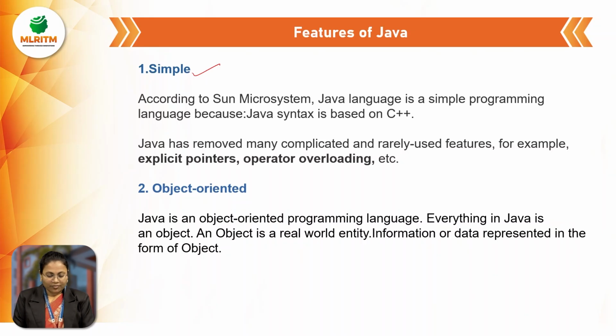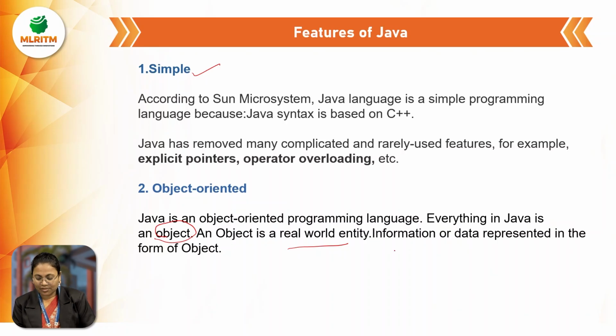Next feature is that Java is an object-oriented programming language. Everything in Java depends on the object. An object is a physical entity, or a real-world entity, we can also say.